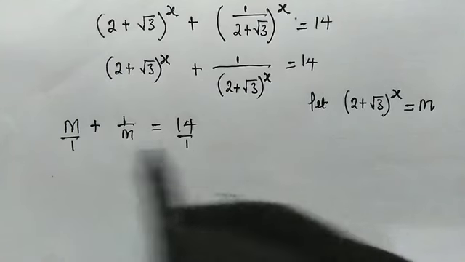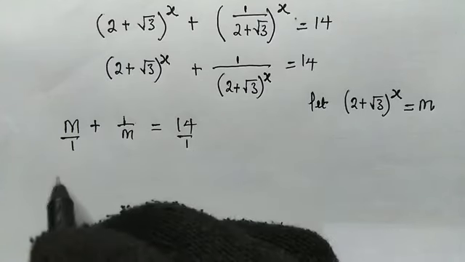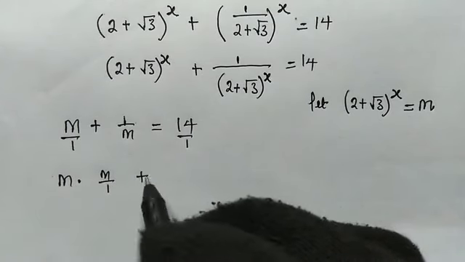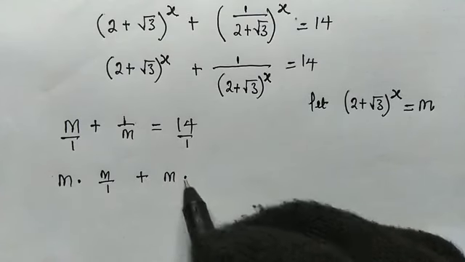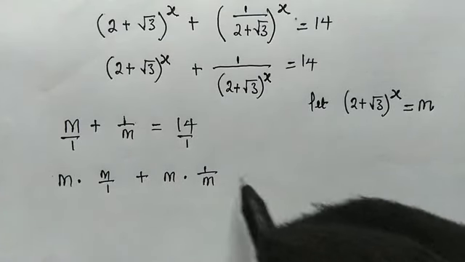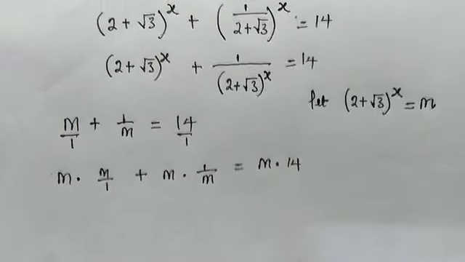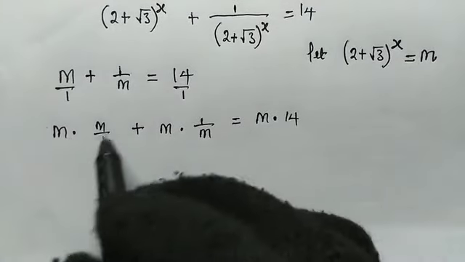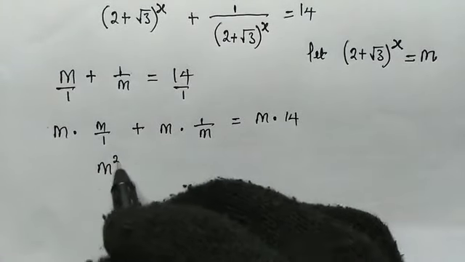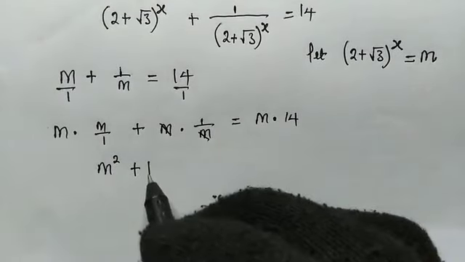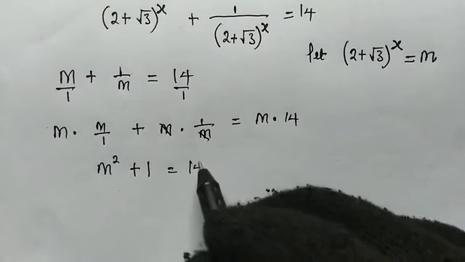So we're going to multiply each term on both sides by m. Here we have m multiplied by m divided by 1 plus m multiplied by 1 all over m, equal to m multiplied by 14. So m times m is m squared, plus, this cancels, we have 1, equal to 14m.